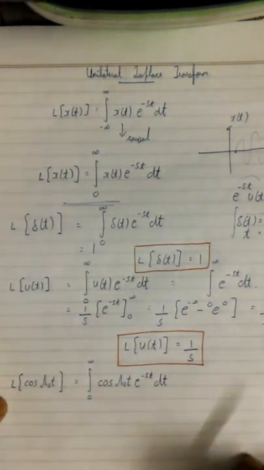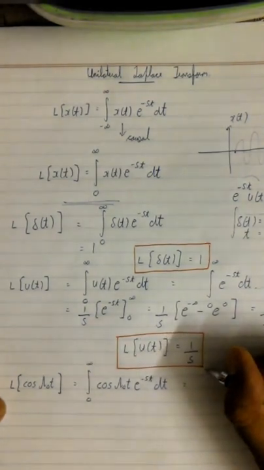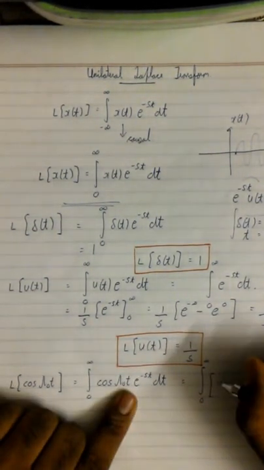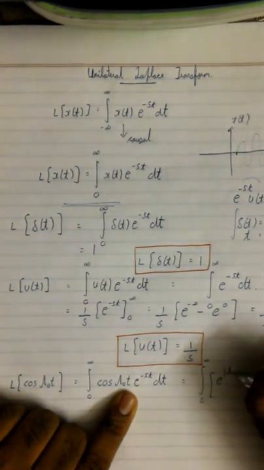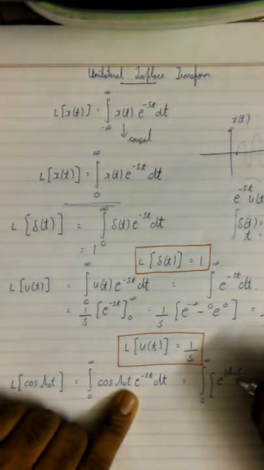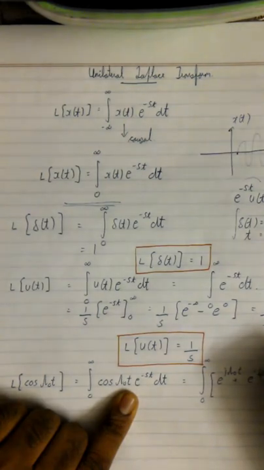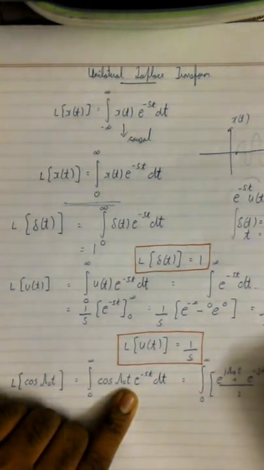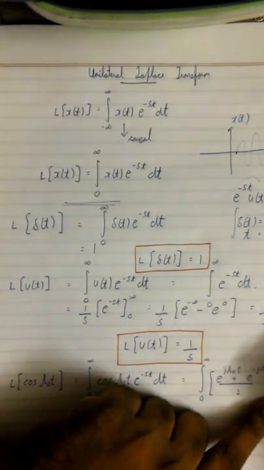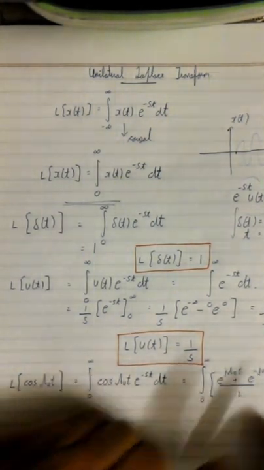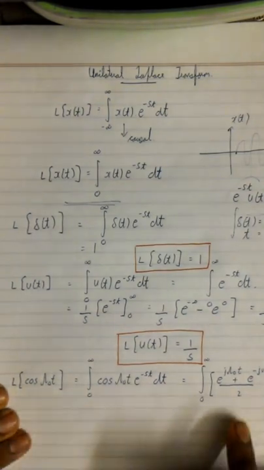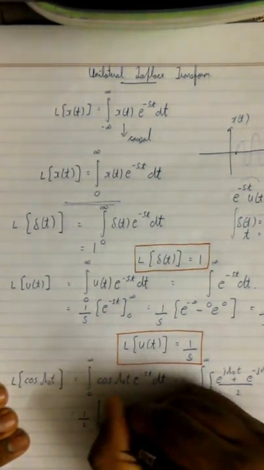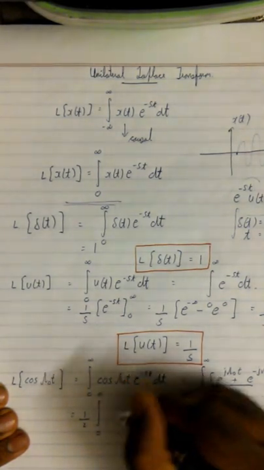I can take this denominator 2 common, so this becomes 1 by 2 into the integral from 0 to infinity.